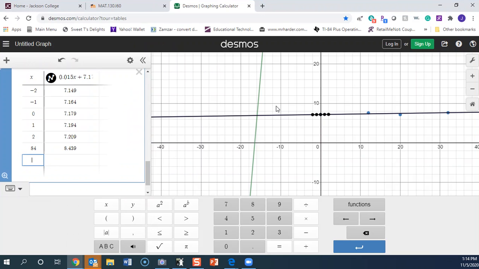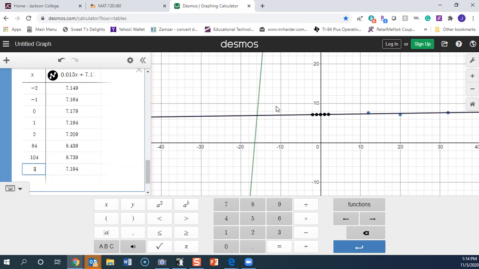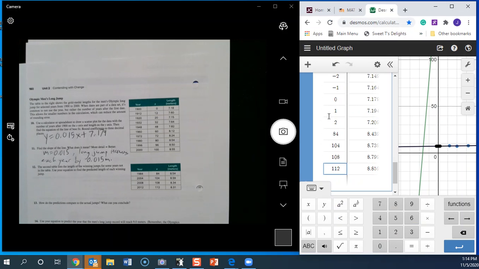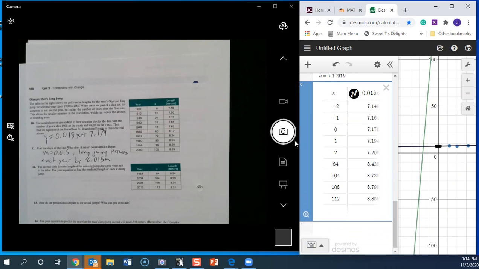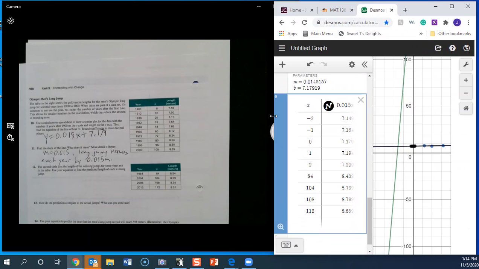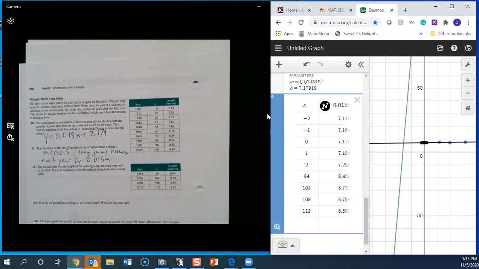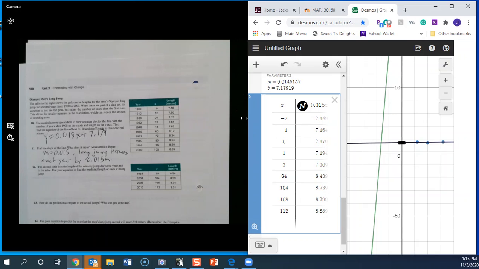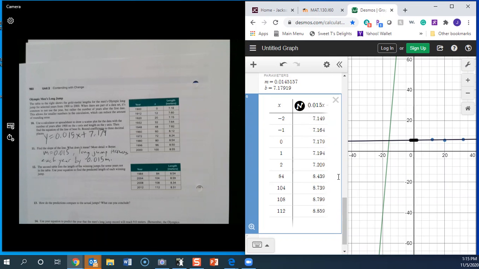And then we will have 104, 108, and 112. All right, now, let me see if I can make this a little bigger. Okay, good. All right, so we can round this to 3 decimal places.